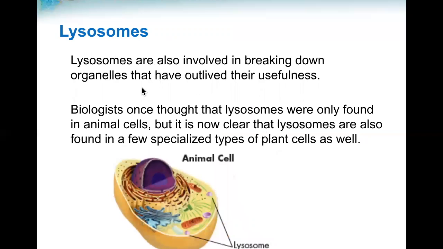Lysosomes are also involved in breaking down the organelles that have outlived their usefulness. Biologists once thought that lysosomes were only found in animal cells, but it is now clear that lysosomes are also found in a few specialized types of plant cells as well.